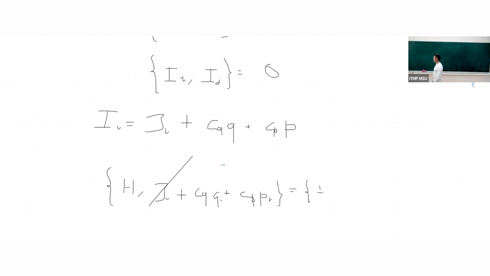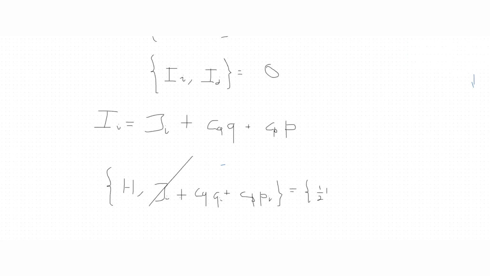Do you remember the Poisson bracket of H with Q? Yes, it is P. So for the first term we have C_Q, which is just a constant. We can use the bilinearity.